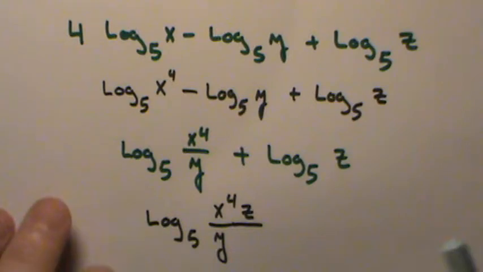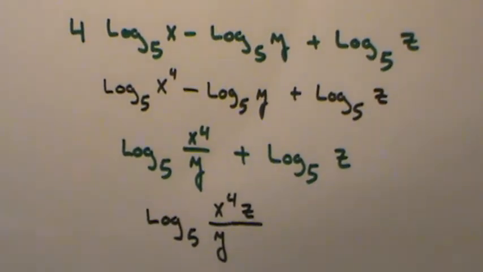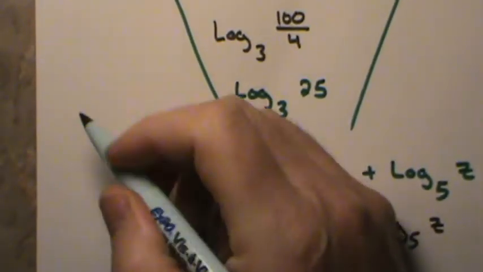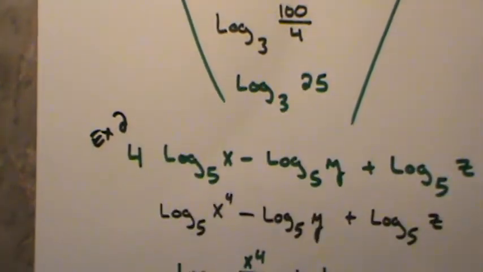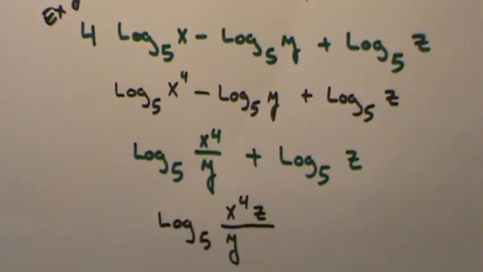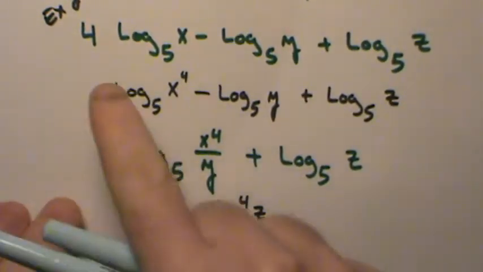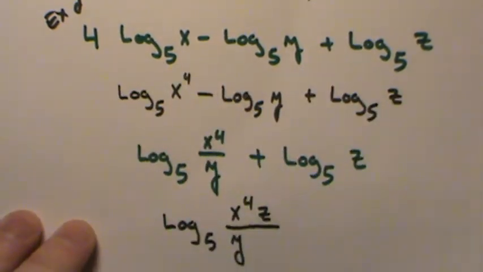And so that's a second example. I guess I didn't label it. Example 2. Second example of how you can use properties of logarithms to condense longer logarithmic statements. We'll do a couple more here.